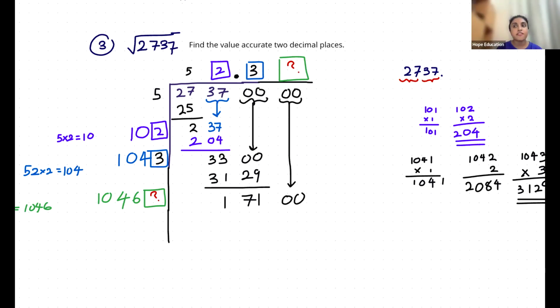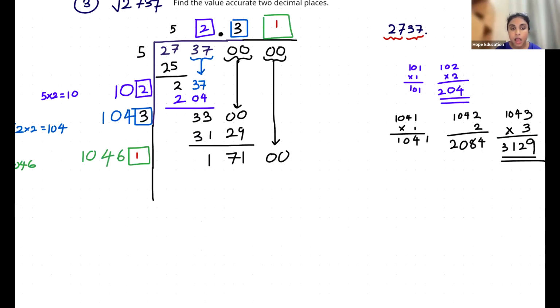Okay, I'm getting different answers. That means you guys are trying well. Now that I got several answers from y'all, I think we can try. We'll put 1 here and 1 here. So, 1046 times 1.